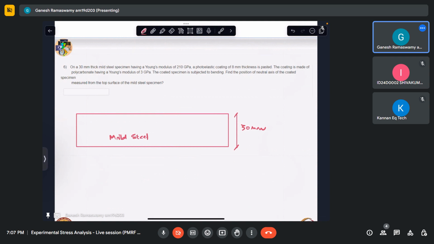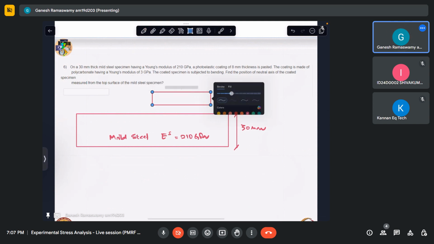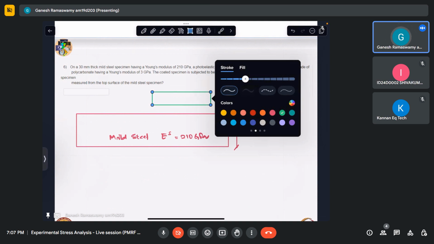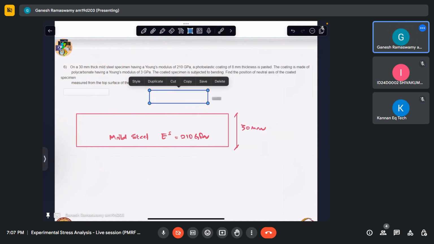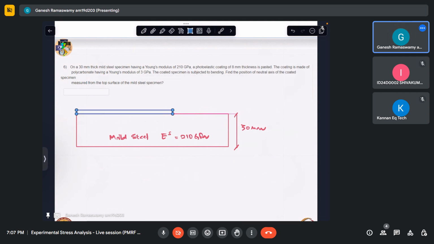So I have a coating, let's put it in some different color, and this is 8. So this is the coating. The coating is made of polycarbonate having a Young's modulus EC of 3 GPa.